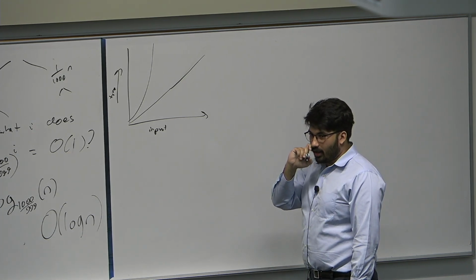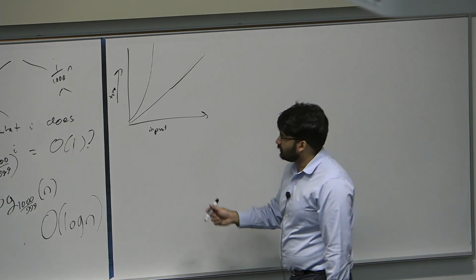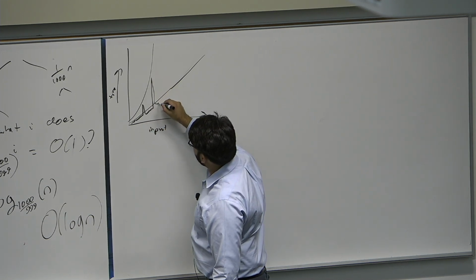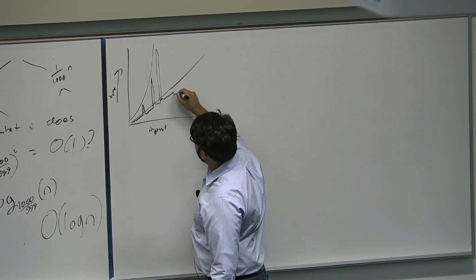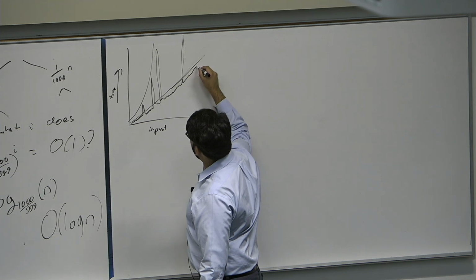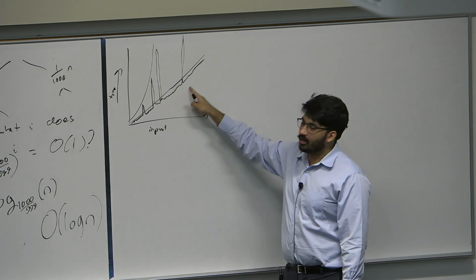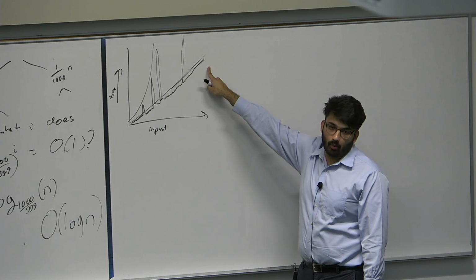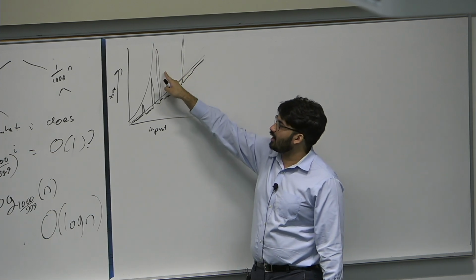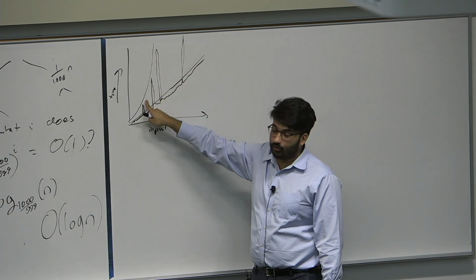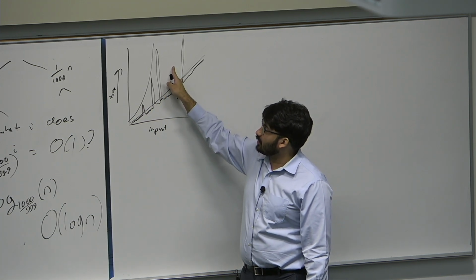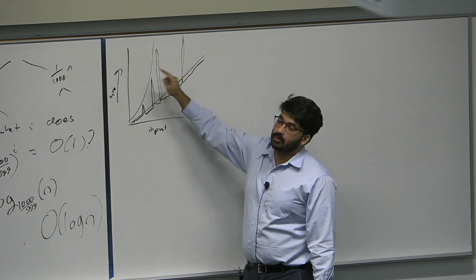So what it means is the runtime, if you were to somehow plot it, would look like this. For like 99.999% of the time, it's below this n log n function, but it's not always below n log n because there are some times you get unlucky. Very infrequently will it exceed n log n, but it will still be below n squared.